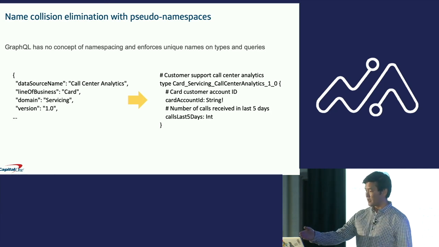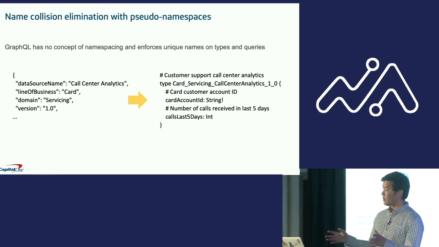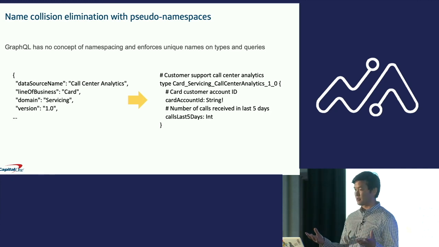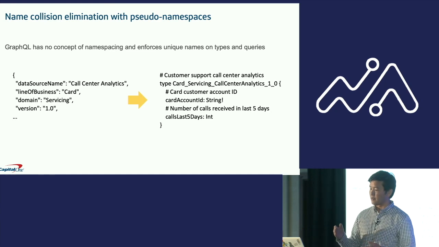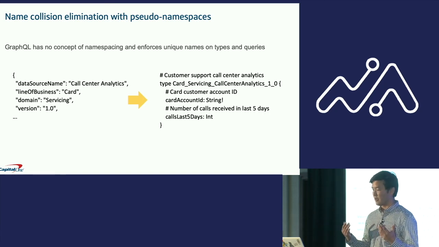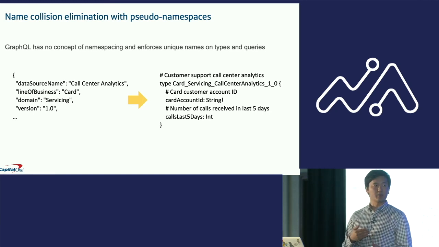Then for this particular call center analytics data source, it is owned by the servicing domain for the customer call center division. And we also use the version as a prefix to make sure that the types and the queries are generated with unique names.